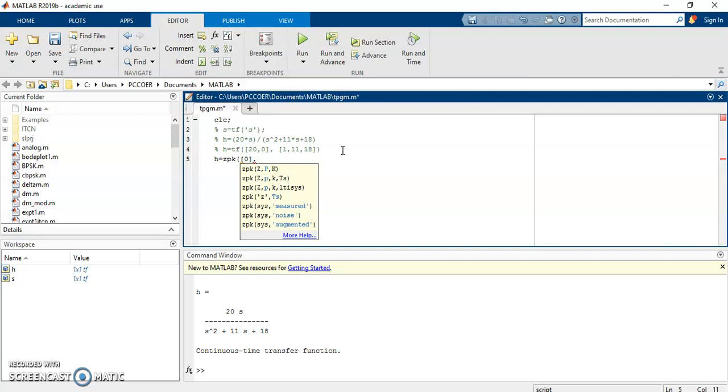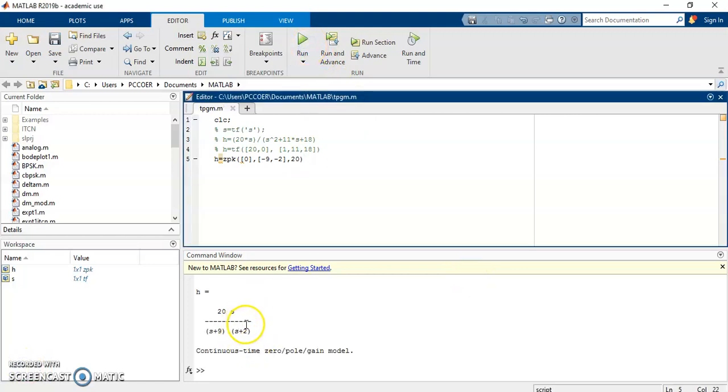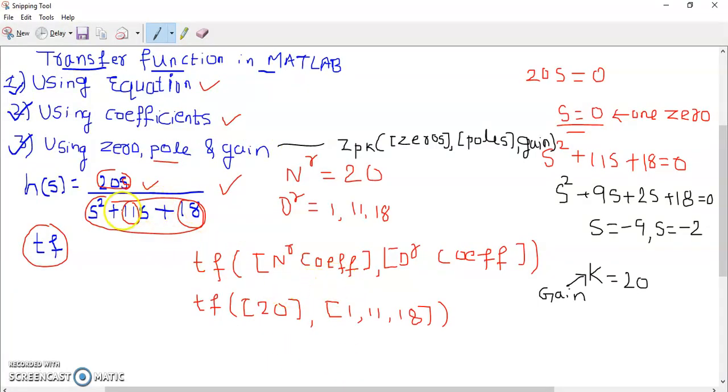Poles are minus 9, comma, minus 2, and the value of the gain is 20. This is the command to get the transfer function. Let us run this one. So this is your transfer function. If you multiply s plus 9 into s plus 2, you will get the denominator of the transfer function, that is s square plus 11s plus 18.